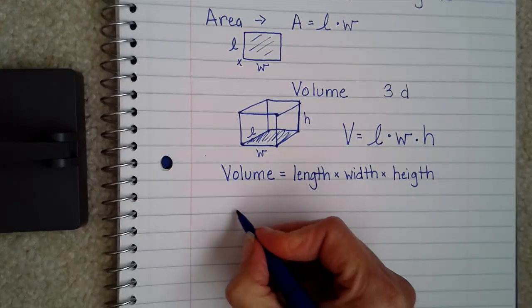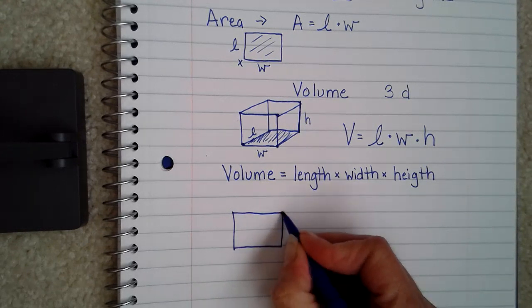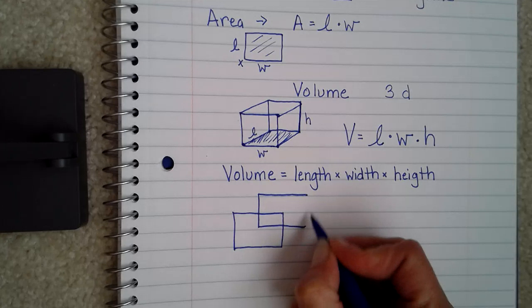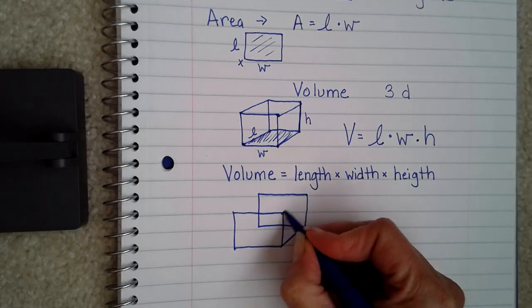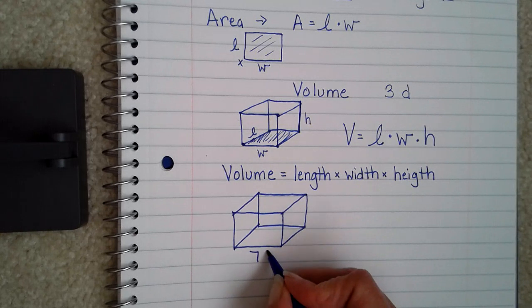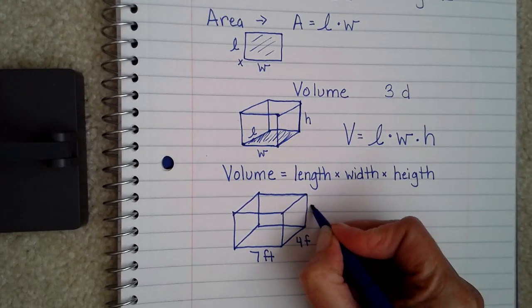So if I have a three-dimensional shape, and it could be squares that are on top of each other, rectangles, and I draw my three-dimensional shape out, and this is 7 feet, and this one's 4 feet, and this one's 5 feet.